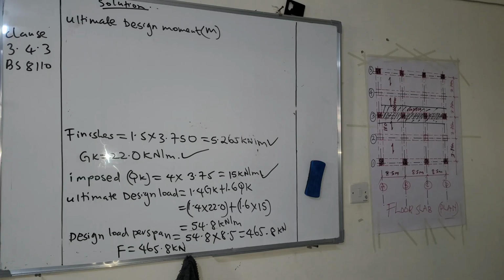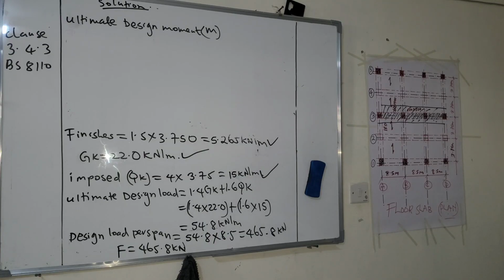We proceed to condition number 2. The load should be substantially uniformly distributed over 3 or more spans. So as you can see, we have more than 3 spans. So number 2 is okay. We proceed to the third one.